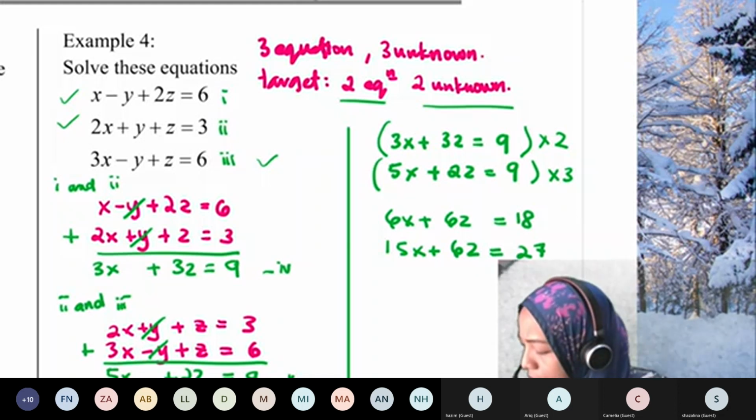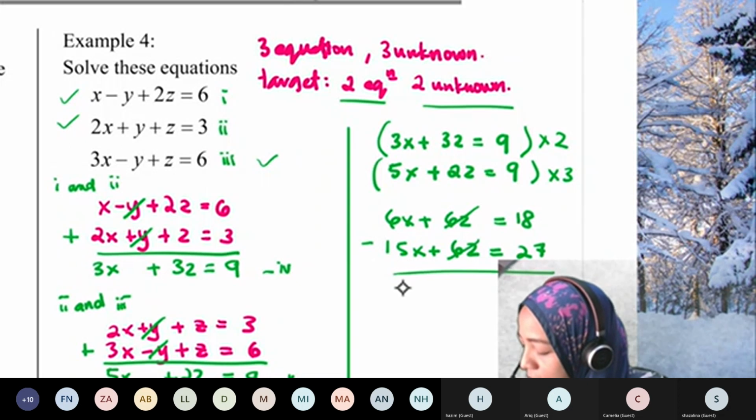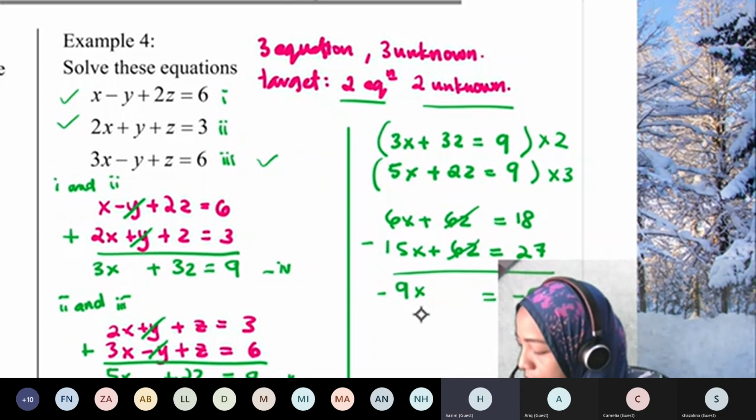Okay, 9 times 3 is 27, and now you minus so that you can eliminate z. 6 minus 15, everyone. Negative 9x. 18 minus 27, negative 9. Negative 9, so x equals negative 1.